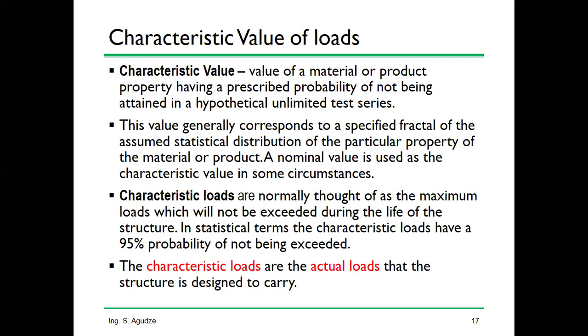So what we're saying is that the load that we'll use to design the structure should have only 5% probability of being exceeded during the lifespan of the structure. That's the characteristic load. So if we are saying the imposed load is 3 kilonewton per meter square for a particular structure, what we are saying is that we are confident that there is a 95% probability that that load will not be exceeded. And if it will be exceeded, it can only be exceeded 5% of the time.